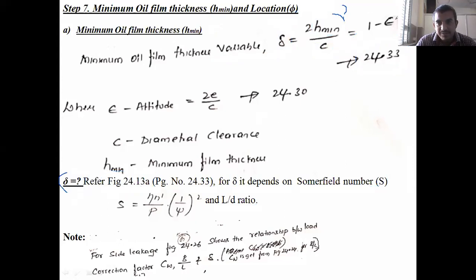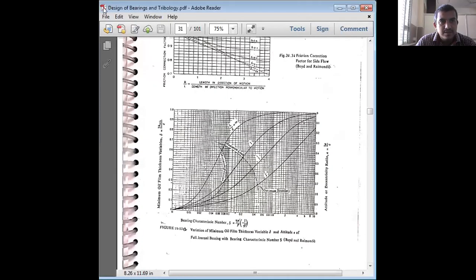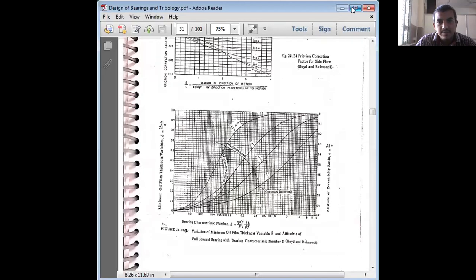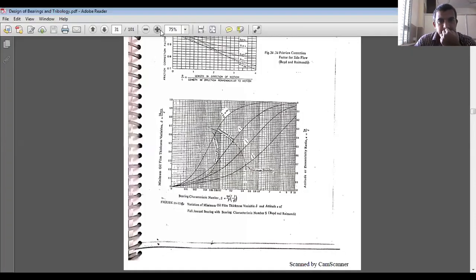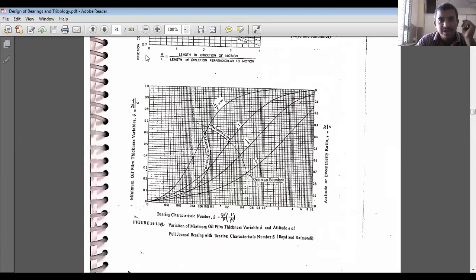Now remember, the figure number 24.13a. Now the data handbook visible? Give me confirmation.